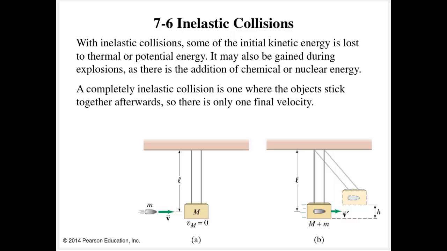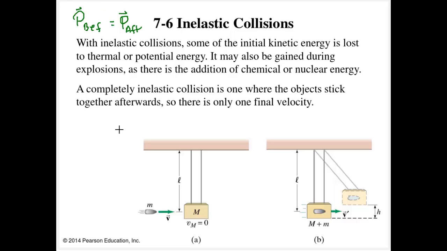One very special type of collision would be completely inelastic, and in that case, the objects stick together afterwards. That adds a bit of a bonus because now we only have one final velocity to solve for. We still would say that the momentum beforehand is going to be equal to the momentum after.